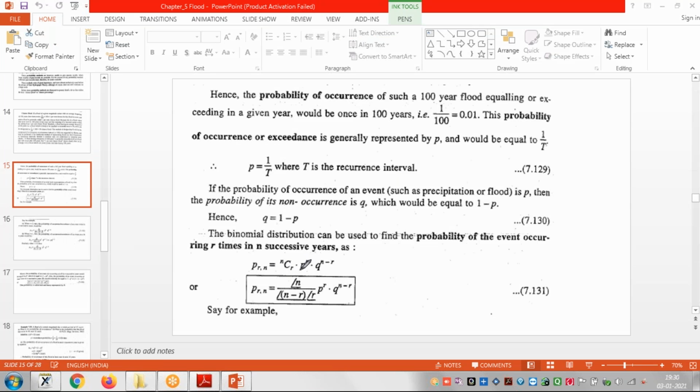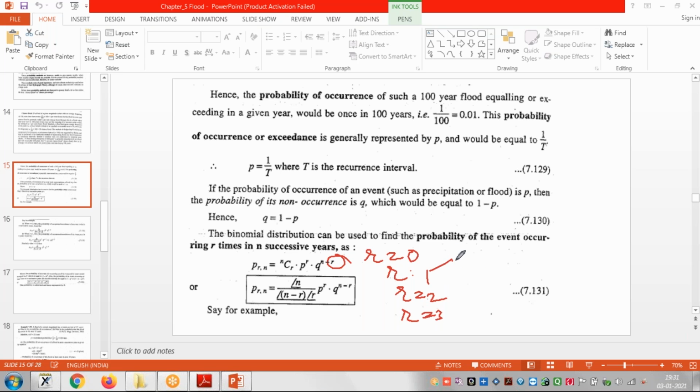NCR into P raised to the power R into Q raised to the power N minus R, right? So we just put the value of R. Sometimes it is 0, sometimes 1, sometimes 2, and R equal to 3 means what?